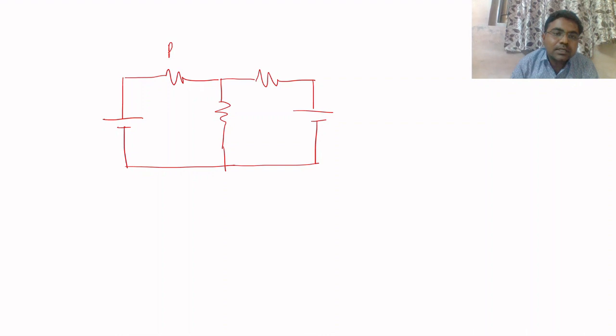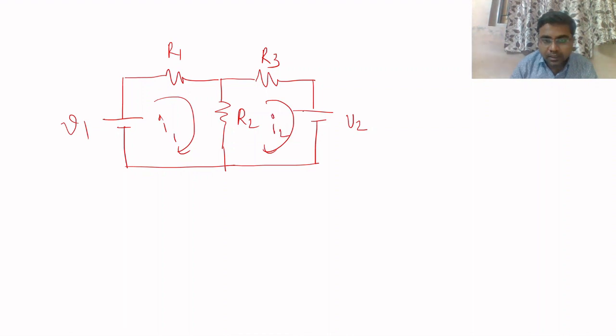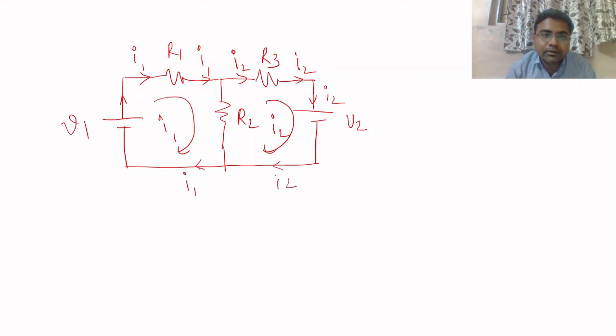Okay, this is R1, R2, R3, V1 and V2, and the loop currents are I1 and I2. Now here I have to apply KVL. So the current flowing through each element I have to firstly identify. This is I1, this is again I1, and this is I2, again I2, I2. Here again it is I2, this is I1 again.